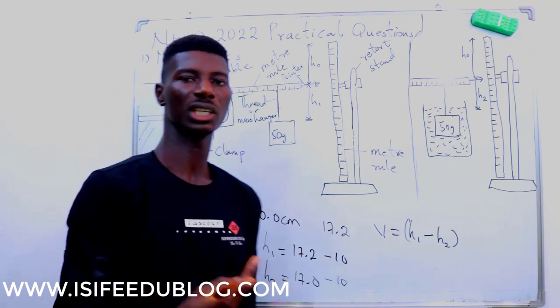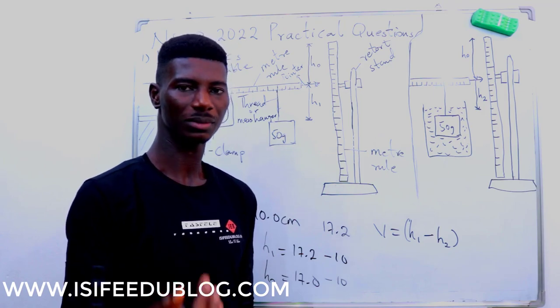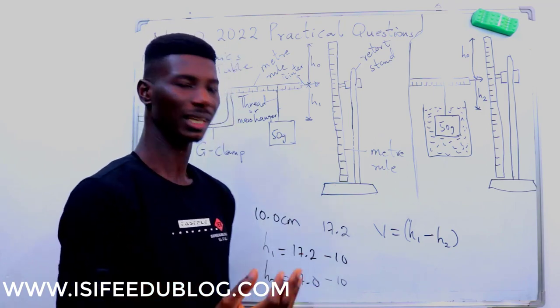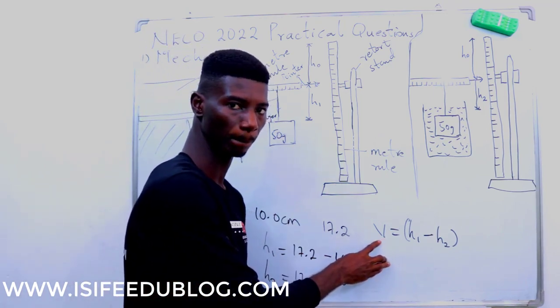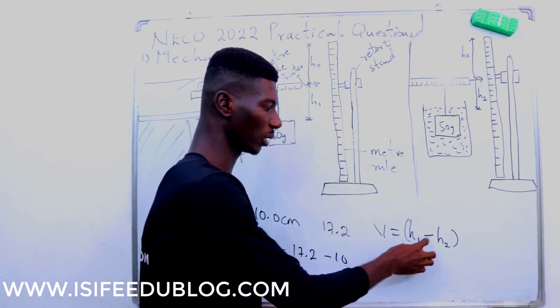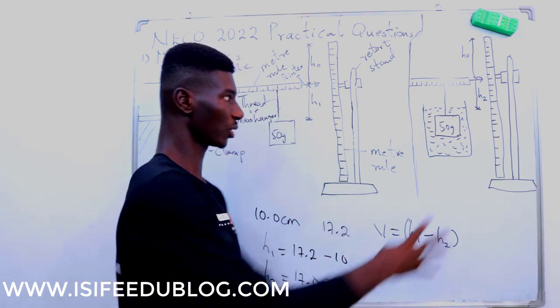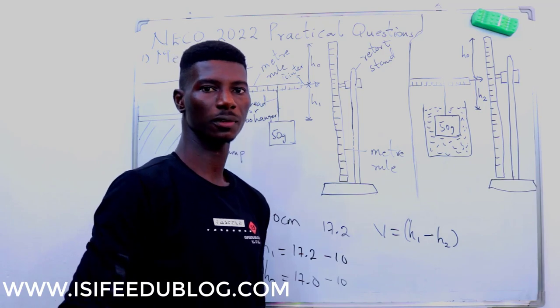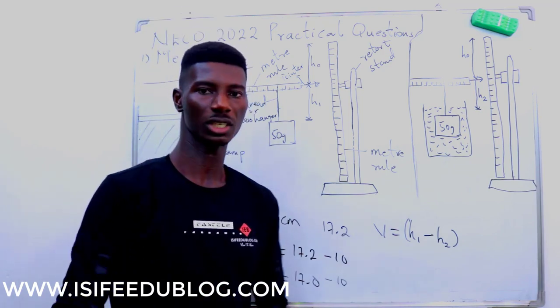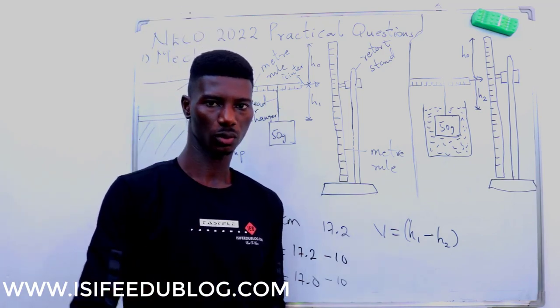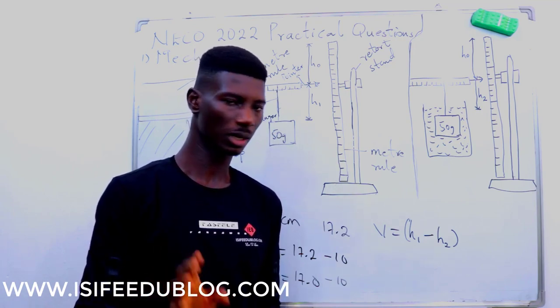We have a column for H2 in cm, that is 3 columns. Then we have a column for what? V, which is H1 minus H2, also in cm. So in this particular practical, our composite table has 4 columns with the correct unit and the decimal places.